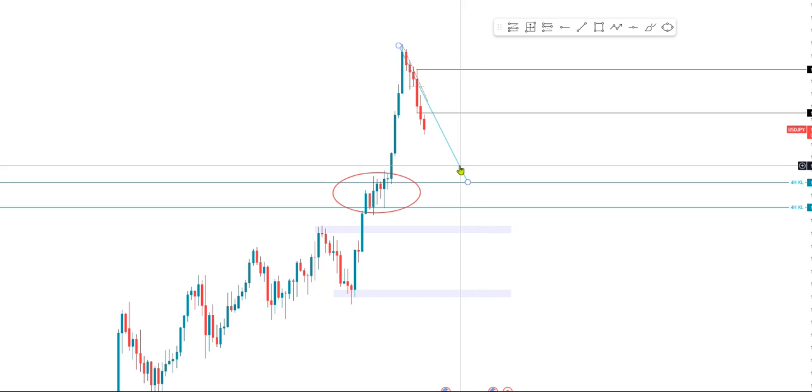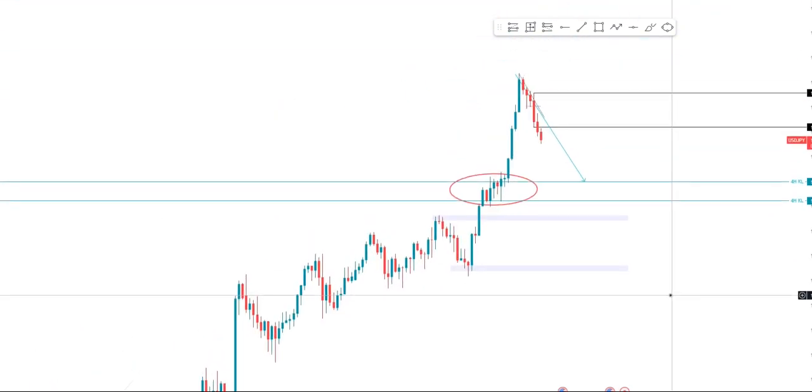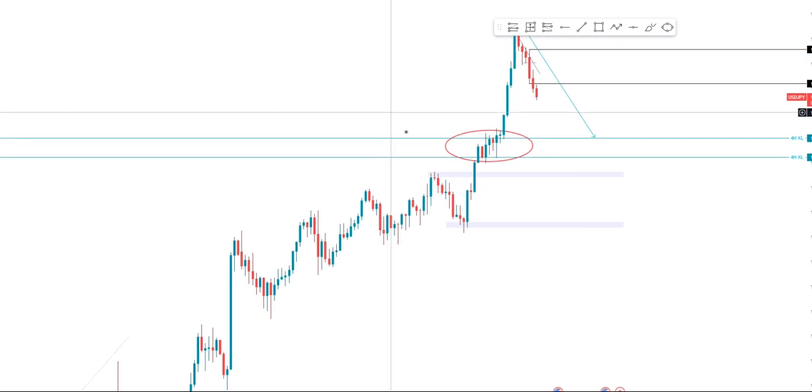Actually, the GPY pairs are very bullish. We cannot expect something other than bullishness.